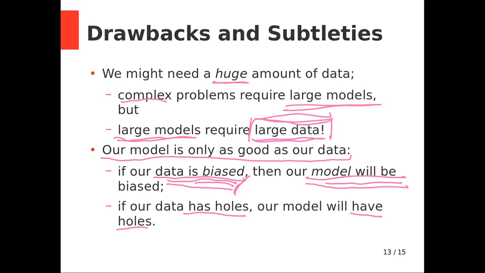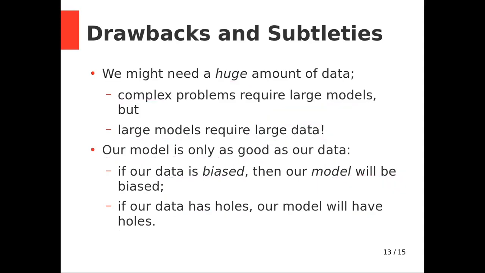If you train it on existing, for example, jury decisions or credit decisions, and we know that those decisions are deflected by conscious or unconscious bias, then your training data is biased, and the behavior that your AI will learn is also going to be biased, right? That problem won't be fixed. So our model is only going to be as good as our data, and we might need a lot of it.